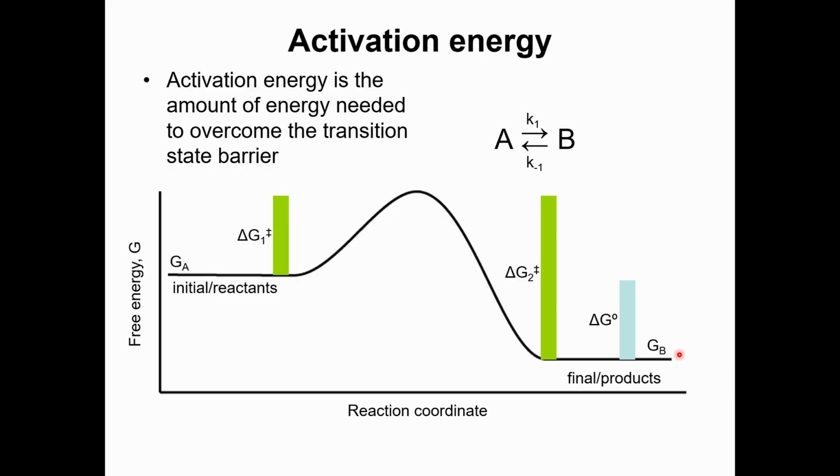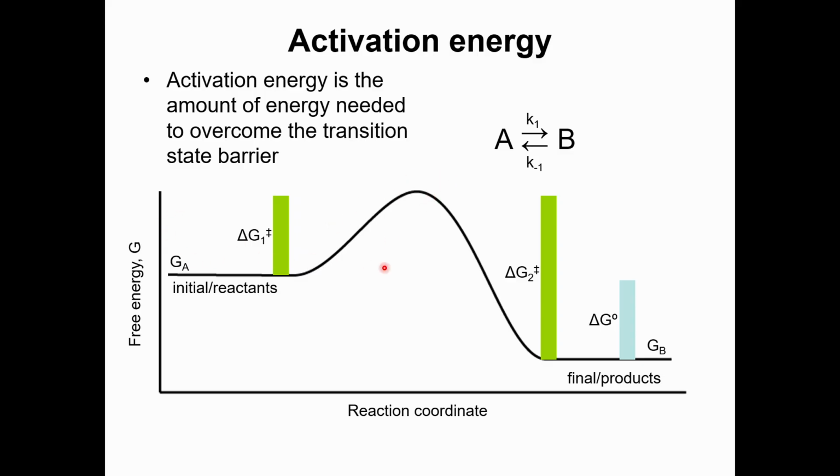It can go all by itself, and the degree of favorability is measured by delta G, the difference between this level of energy and this level of energy. But oftentimes there is basically an intermediate state that has to form in order for the reaction to go. And that is usually a higher energy state.